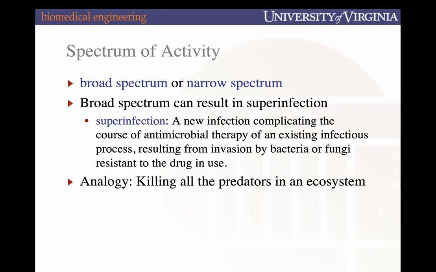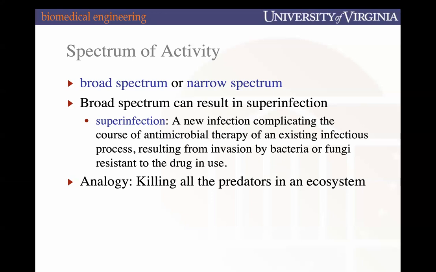One consequence of broad spectrum antibiotics is something called superinfection, where if there's some sort of existing infection, and you have a huge broad spectrum antibiotic that lays to waste every bacterium in its path, also the good ones, what's going to end up happening is that new subsequent infections will end up developing resistance to the drug.